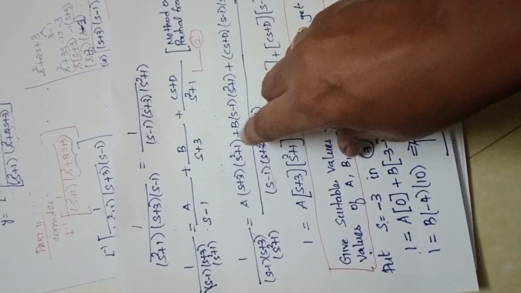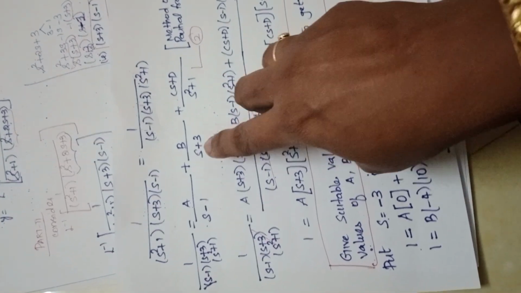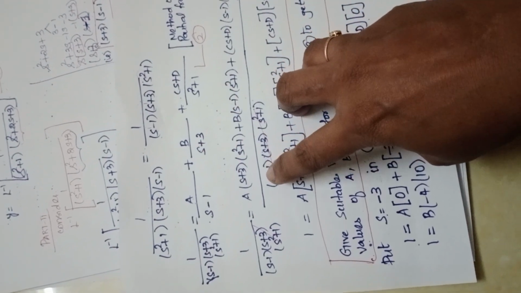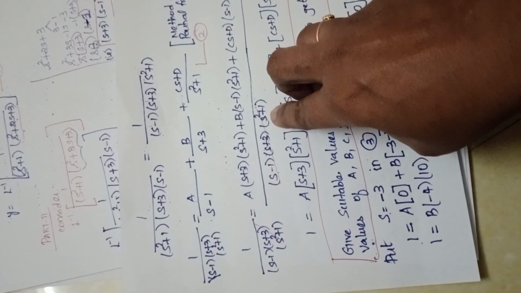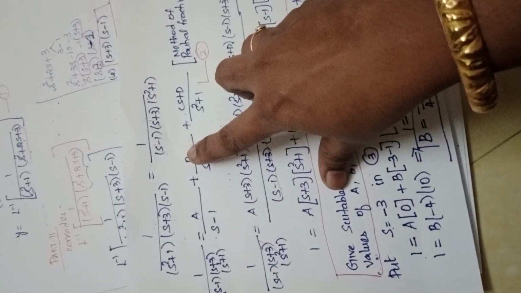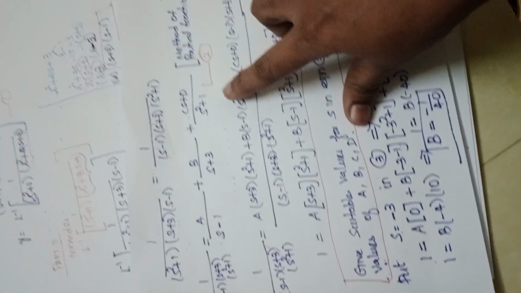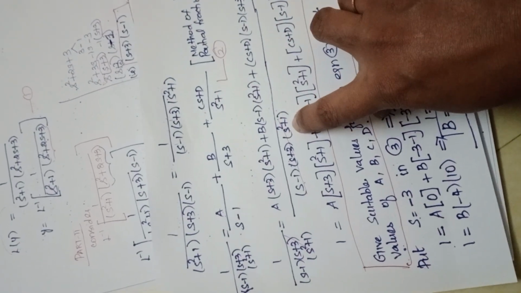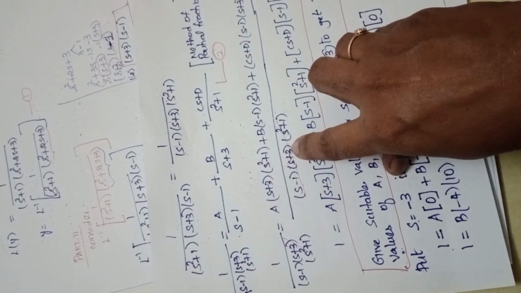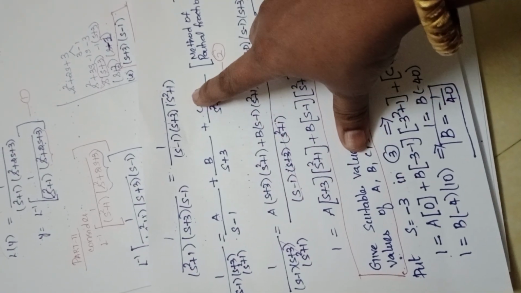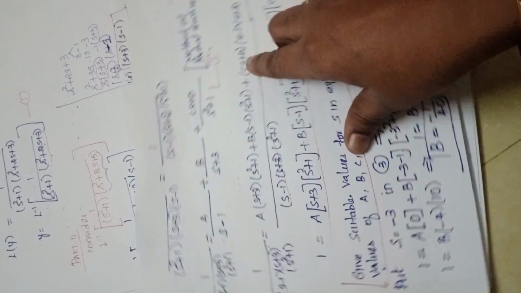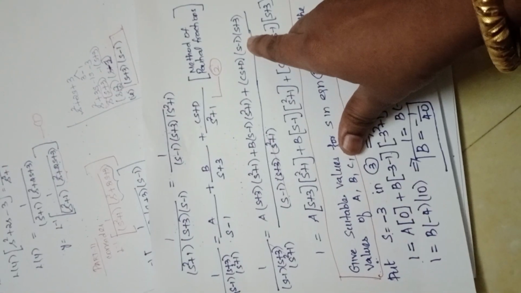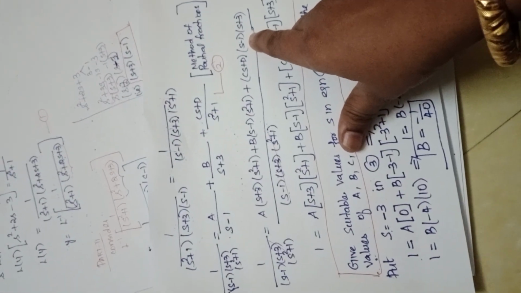Likewise, for B, the denominator compared with the LCM, s plus 3 is present. Who is missing? S minus 1 and s square plus 1. The missing factors are multiplied with the numerator of B. When you come to the third part, s square plus 1 is there in the LCM. S minus 1 and s plus 3 are missing and are multiplied with the numerator Cs plus D. This is the way we have to take the LCM and add the fractional terms.